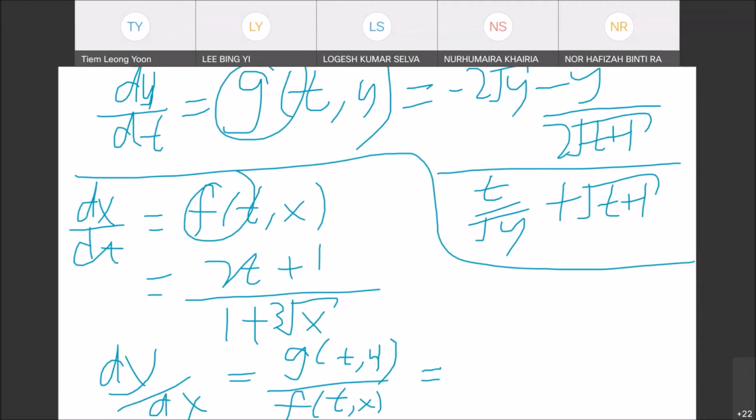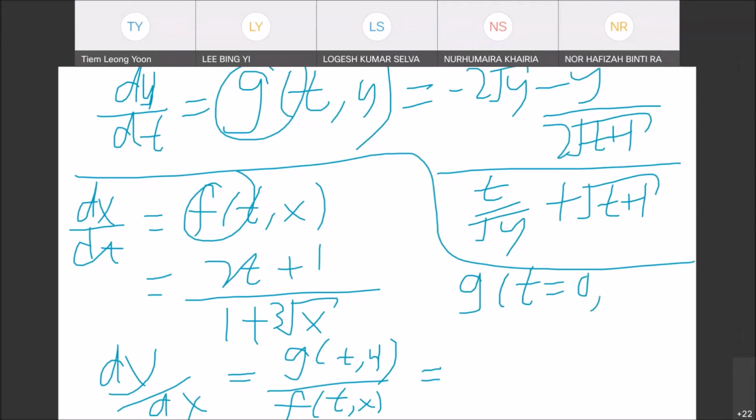Okay, so what the question was asking is at t equals to 0, what is the slope of the curve? So this is a complicated function in terms of x and t. What I have to do is calculate the values of g when t equals to 0.